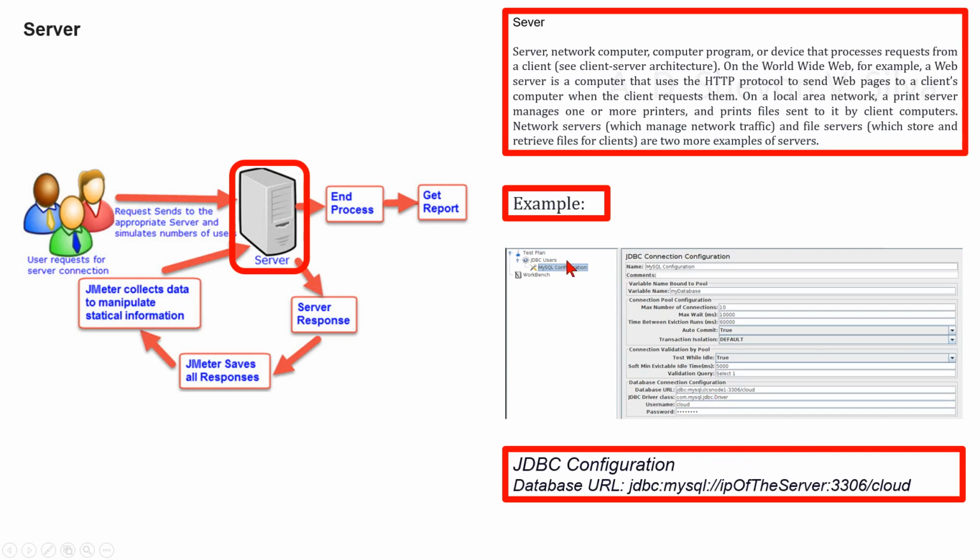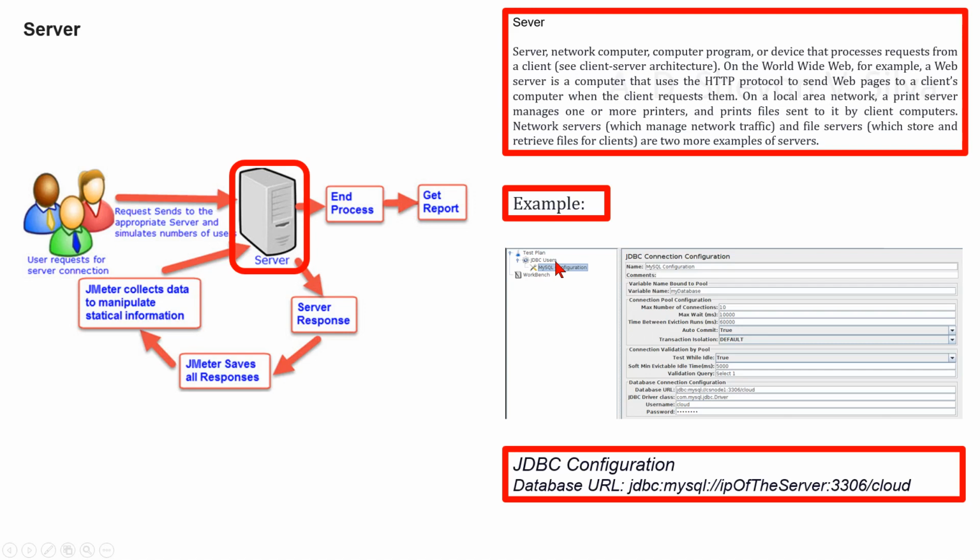By selecting the JDBC users element, click your right mouse button to get the Add menu, and then select Add, then Config Element, then JDBC Connection Configuration.